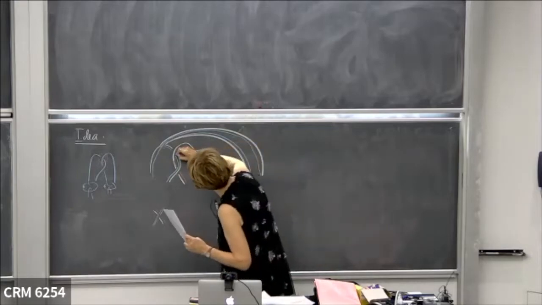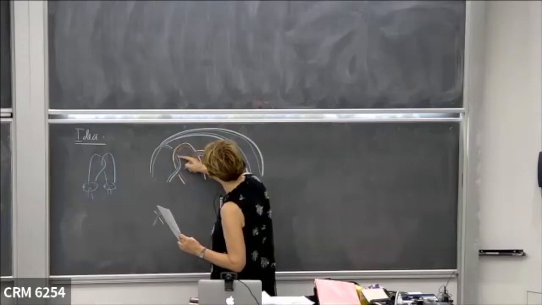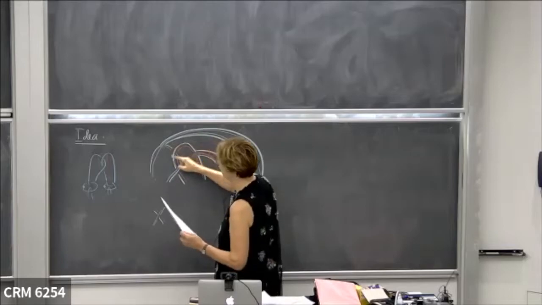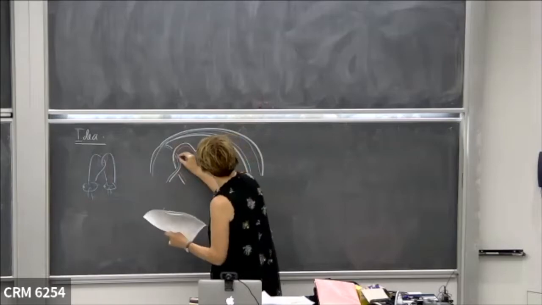You see here, this component goes up and this down, but for the blue and red, I'm changing this. This is what this circle indicates. So I'm changing the crossing.